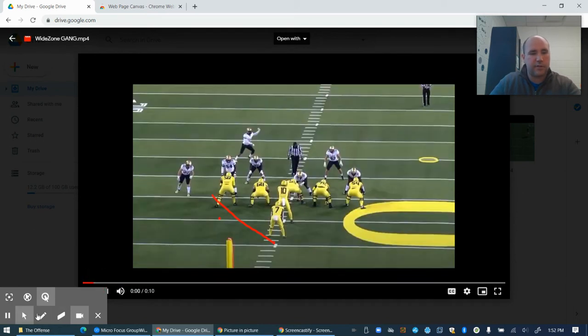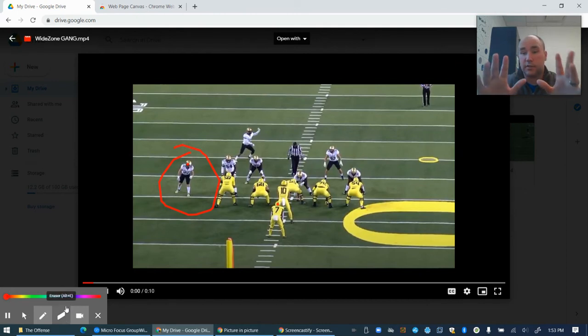And what makes this a zone concept play is the fact that he is going to read this player. This is the end man on the line. The running back's going to get his eyes on this block, right? And again, that's what makes it the strong and weak play. You can run it to a tight end or away because all the running back knows is I'm going to read what happens to that player, and I'm going to make my decision based off what happens to that player.